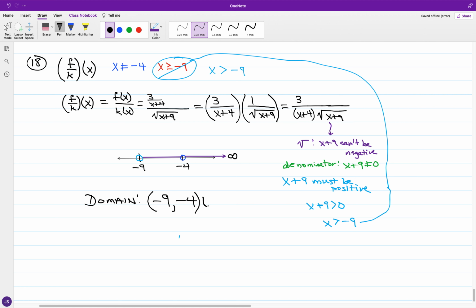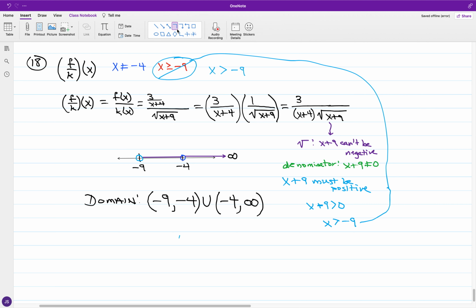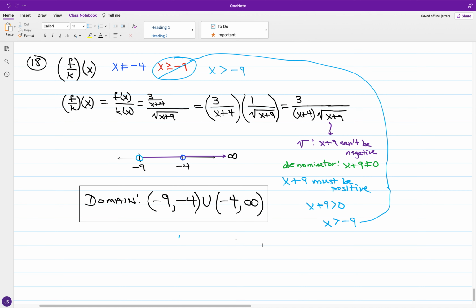And for the rest of the values, again bypassing negative 4, we have another open parenthesis, so proceeding once again past negative 4 and heading on out to infinity. And that would be the resulting domain for problem number 18.